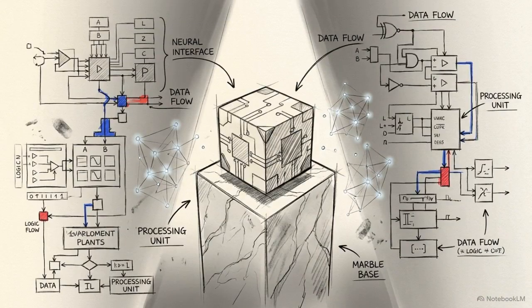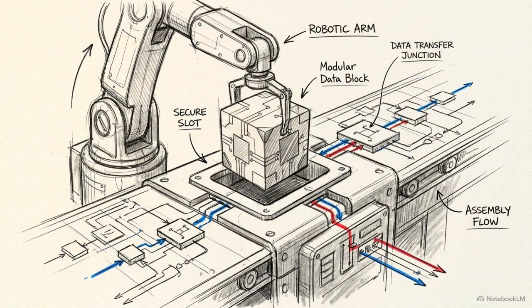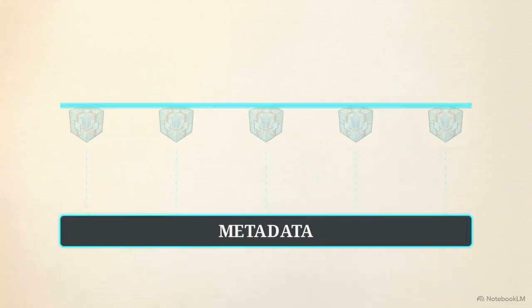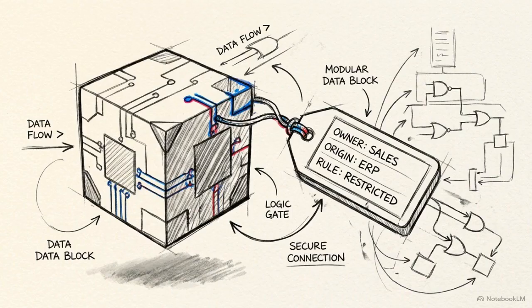As these systems integrate with machine learning, the focus shifts toward data veracity. AI models require absolute trustworthiness to function safely in a production environment. That trustworthiness is managed by the metadata layer, which tracks the context, ownership, and rules for every piece of data in the ecosystem.